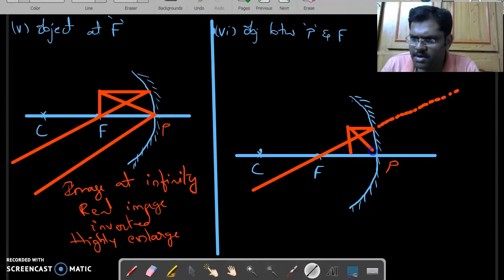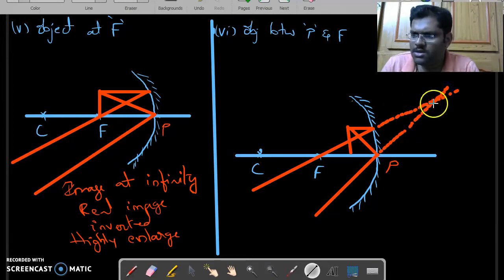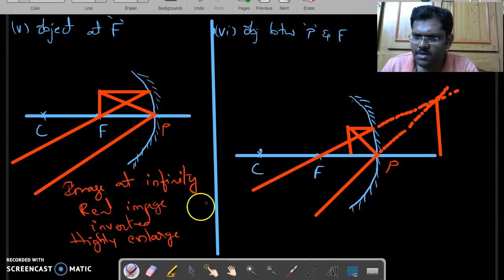The second ray is incident on the pole, and it gets reflected like this, and again this reflected ray has been extended, and here we get the intersecting point, and this intersection is nothing but the image. So this is the image, this is the object.